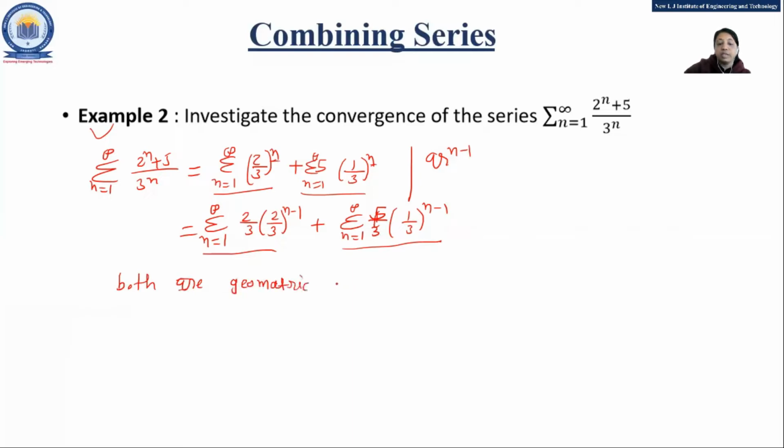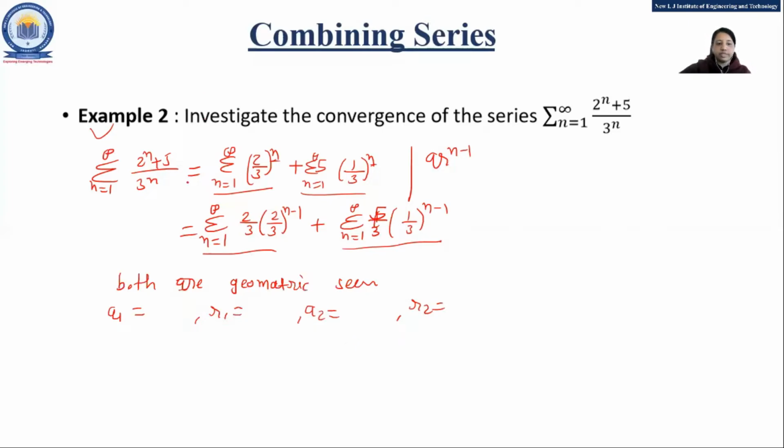Both are geometric series, and what is the value of A1, R1, A2 and R2? Just write it down into the chat box, or you can raise your hand. Fine. Yes. Okay.